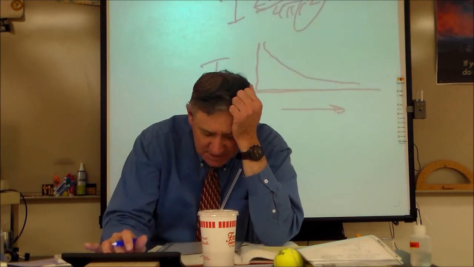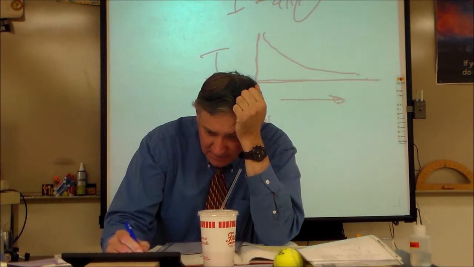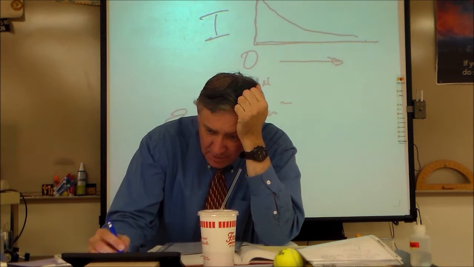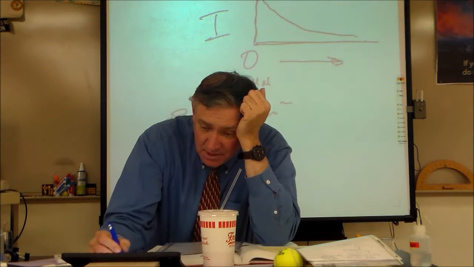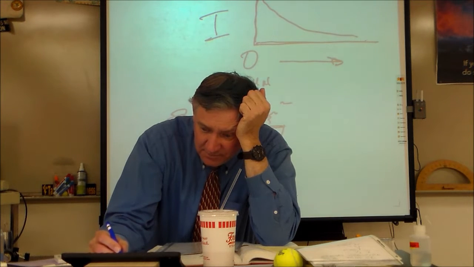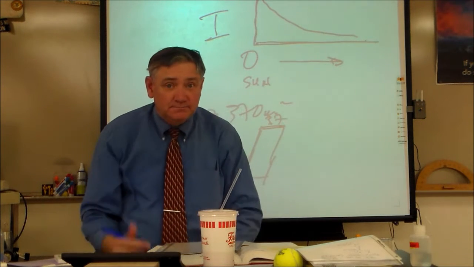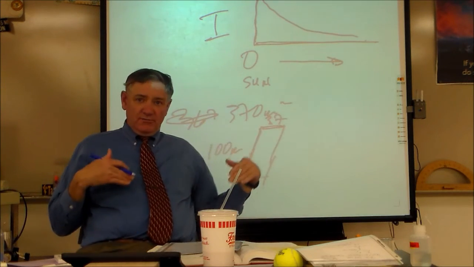To give you some perspective, that's 370 square meters. If you have a football field, that would be 100 meters long, about 100 yards, so it would need to be 3.7 meters wide. 3.7 is about from that wall over to here.